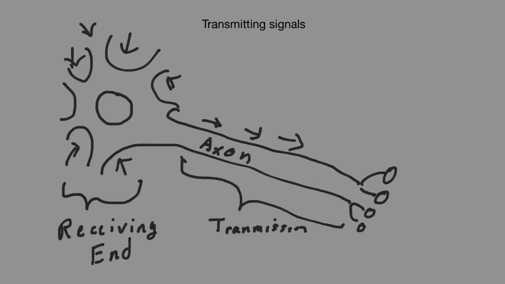Okay. Before we dive deeper, I'm going to add that here on this side, where the dendrites are, chemical signals are going in. And here, electrical signals are being transmitted.